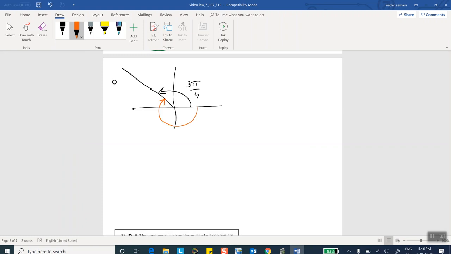Okay, this one. And this is obviously negative 2 pi plus 3 pi over 4. Okay, and this is minus 5 pi over 4.